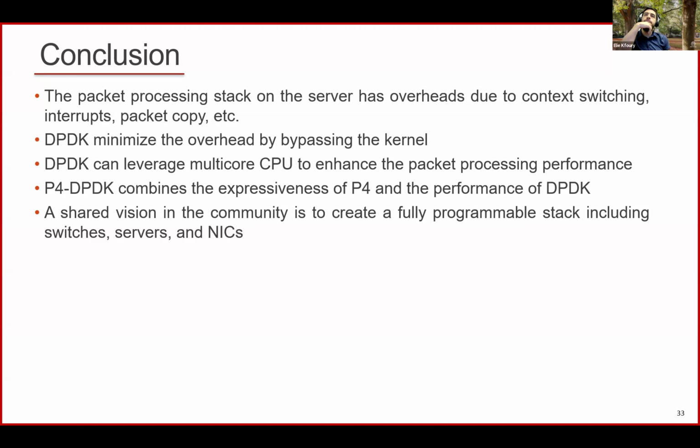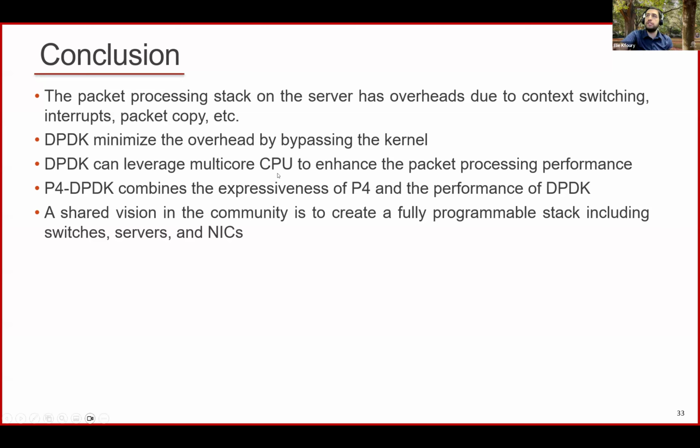Now with DPDK, we minimize these overheads by bypassing the kernel, so we don't have any more interrupts, the packet copying is done without CPU intervention, and no more context switching. So we try to solve these overheads.